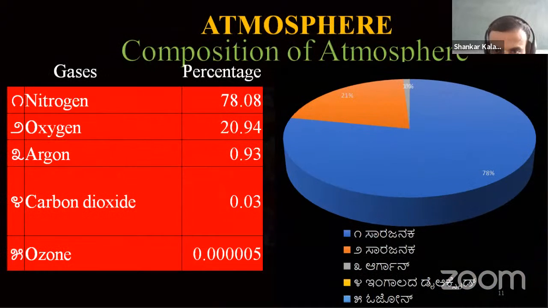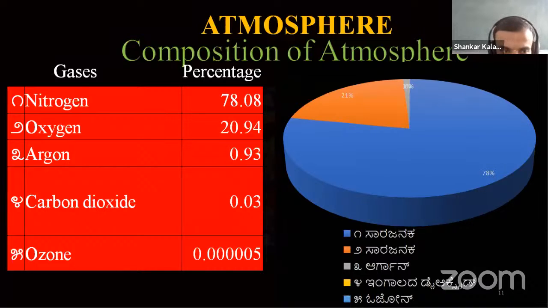The next important point is the composition of the atmosphere. It includes different gases, but among them, these are the important gases. First one is nitrogen. The percentage of nitrogen in the atmosphere is 78.08, around 78.